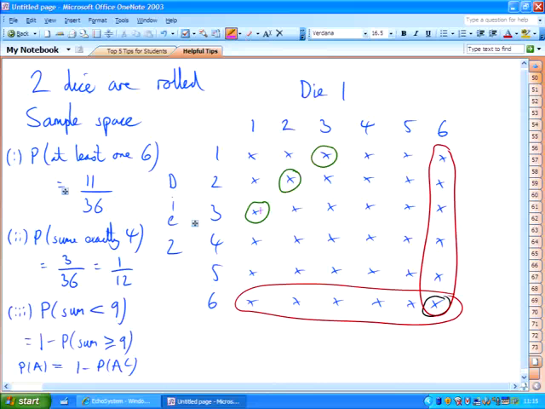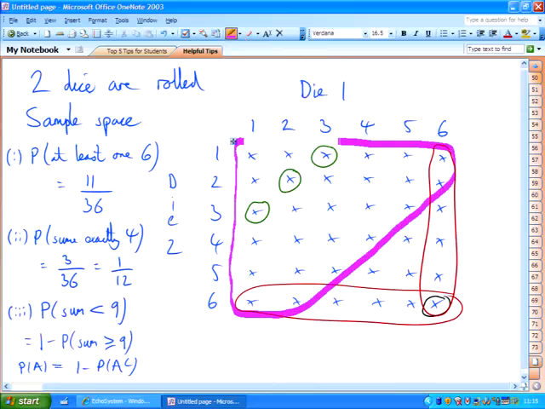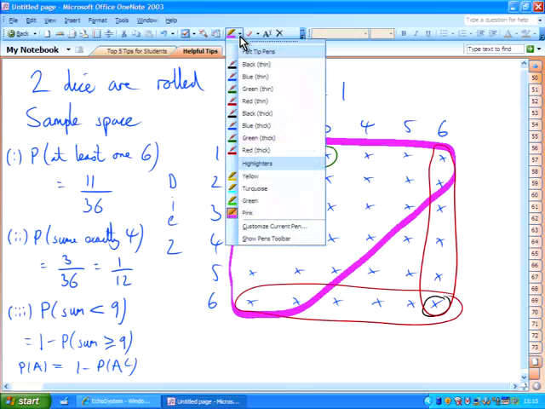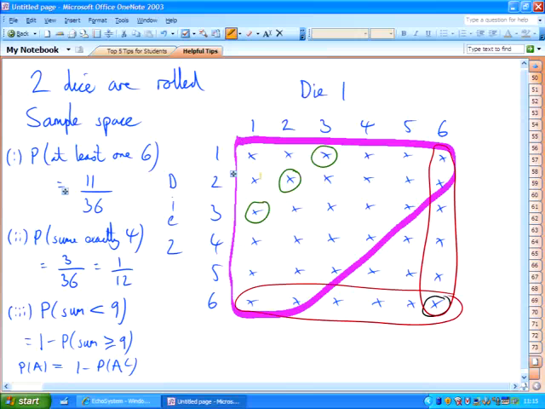Right, so which outcomes in this sample space correspond to the event that the sum is strictly less than 9? Well, we can see it's going to be all of these here. So everything within that pink boundary, we can see that the score is going to be strictly less than 9. Also, thinking of it the other way round, which of the outcomes are such that the sum is greater than or equal to 9?